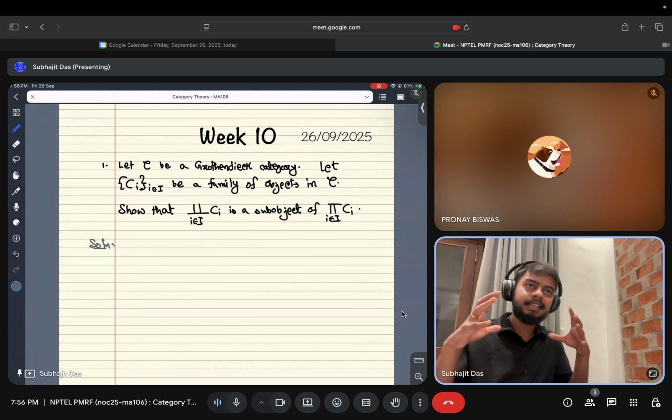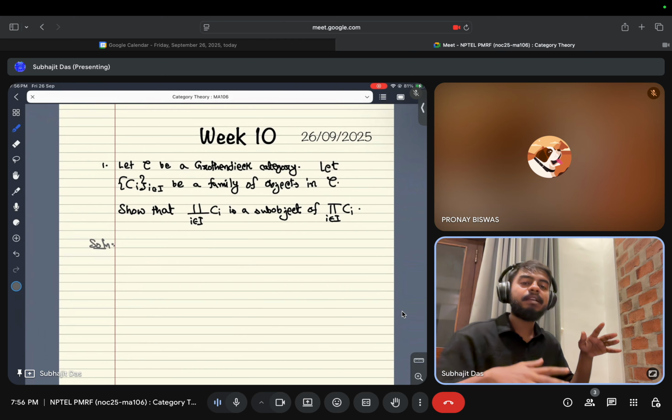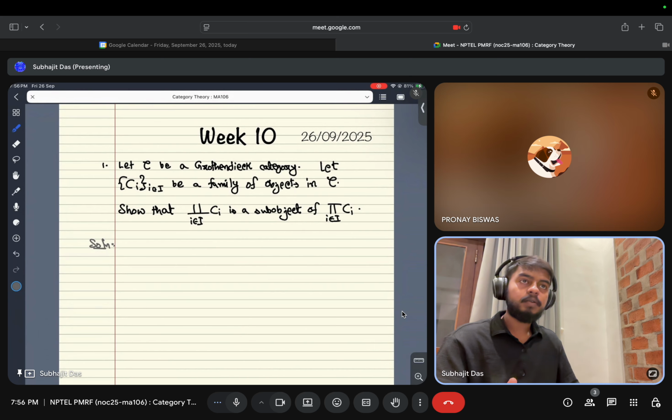Direct sum is a particular subgroup of your product consisting of those families of elements, one from each factor of the product, such that all but finitely many are 0. So the direct sum, which is a coproduct in the category of abelian groups, is a subgroup of the product, and we want to show something similar here.